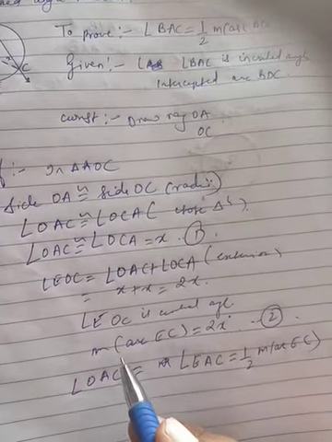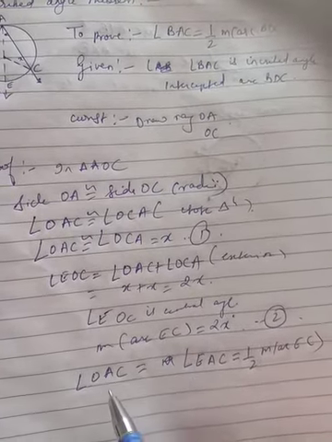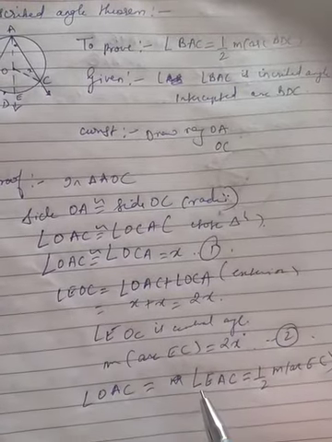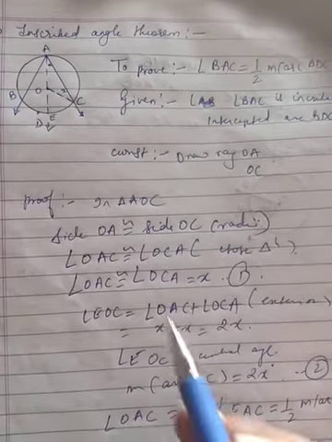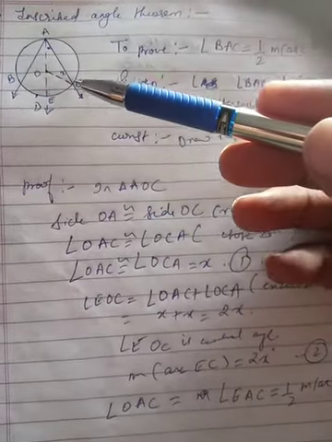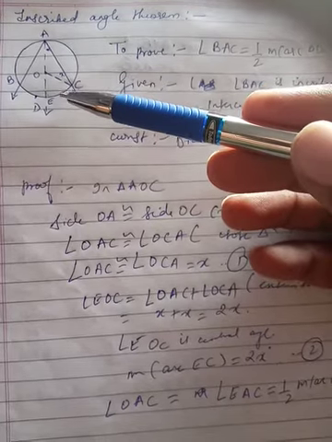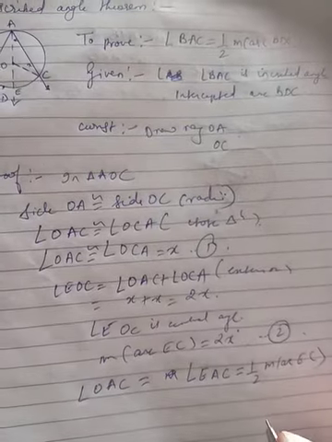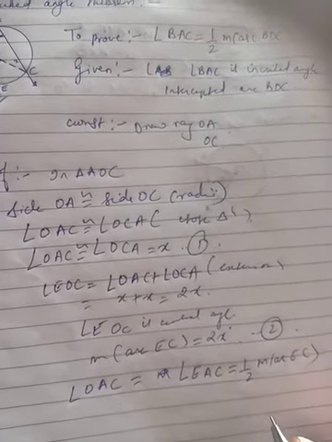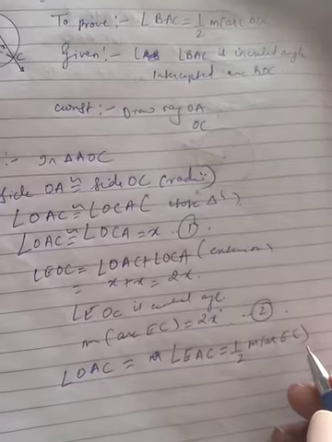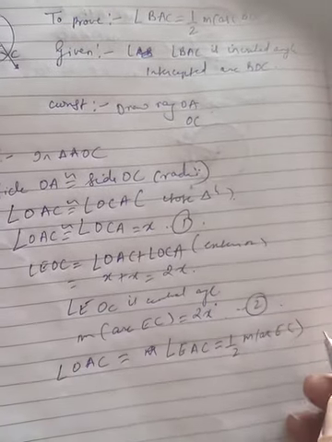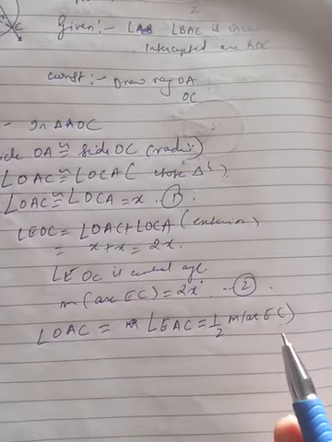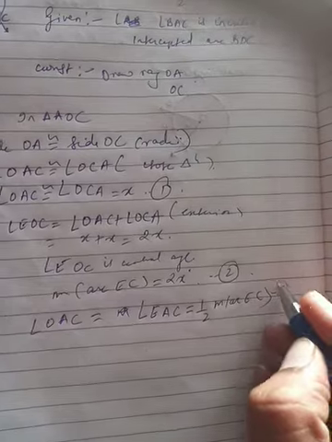You just observe the figure: angle OAC is equal to angle EAC, both are the same, equal to half of the measure of arc EC. So from equations 1 and 2 we get half of the measure of arc EC. Give this as equation 3.